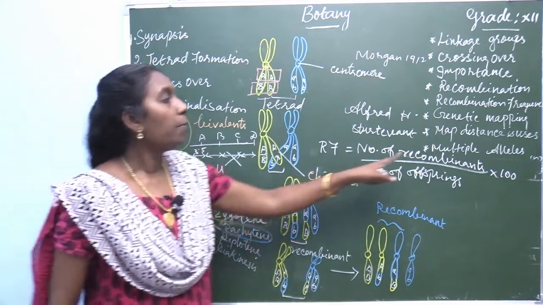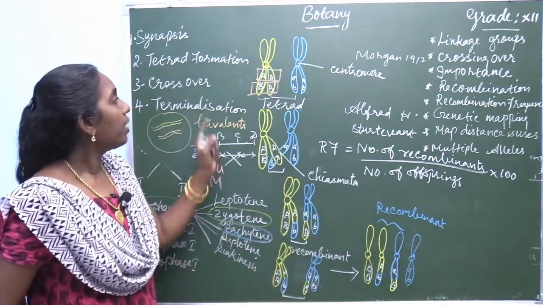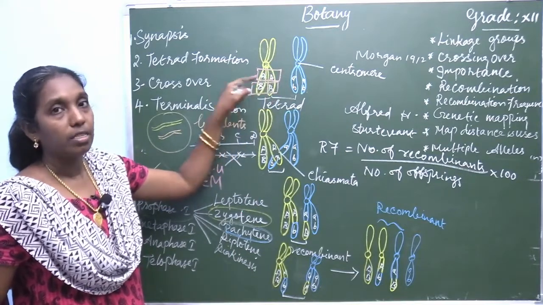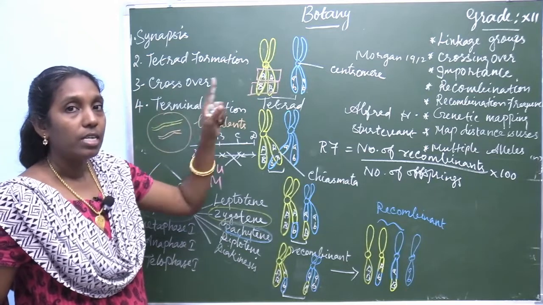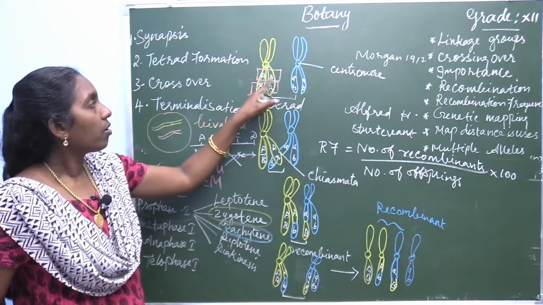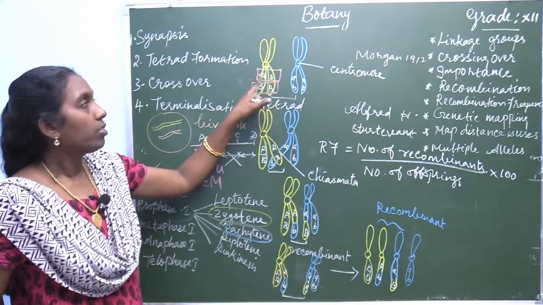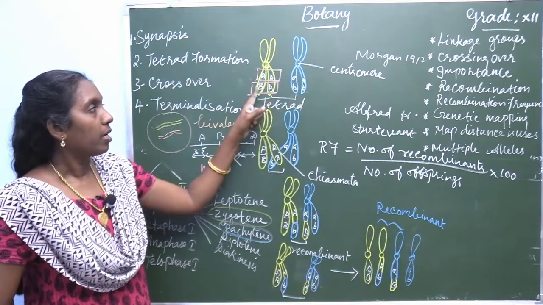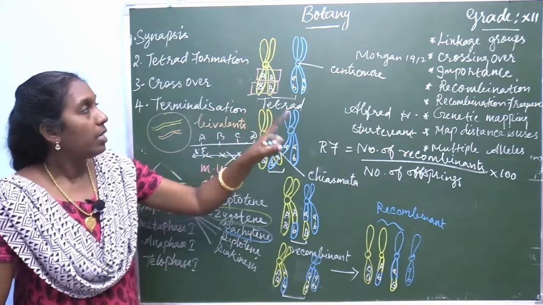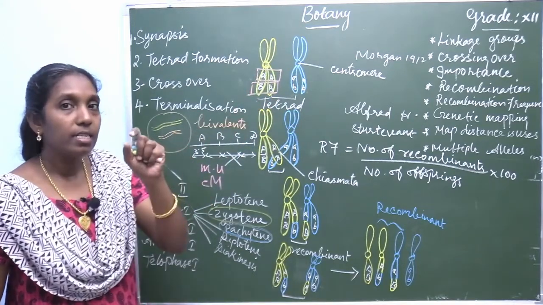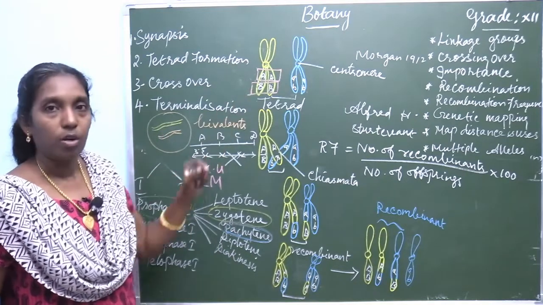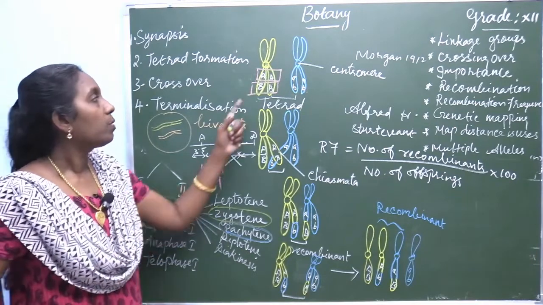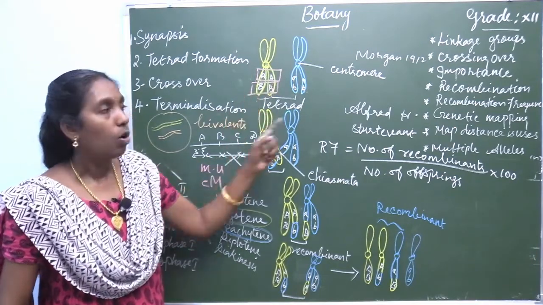Then another question, multiple alleles. Normally, a gene has a pair of genes arranged, and the pair of genes are called alleles. The genes are located in pairs, represented by alphabets like capital A, capital A, capital B, capital B. Usually a single pair of alleles is present in a locus, but when 3 or more are present in a particular locus, it is called multiple alleles.